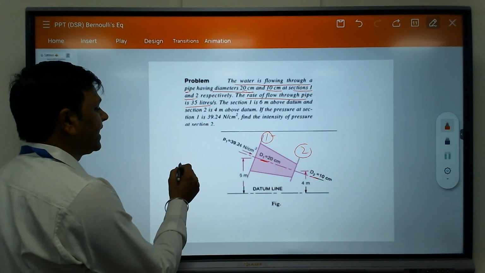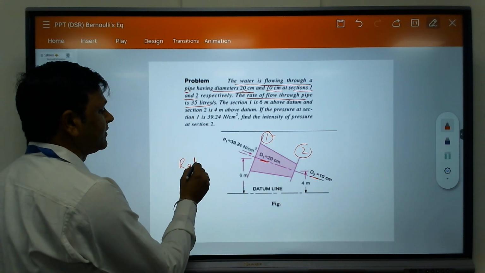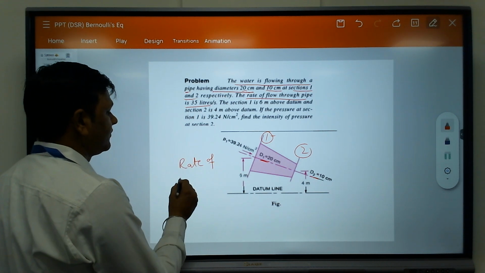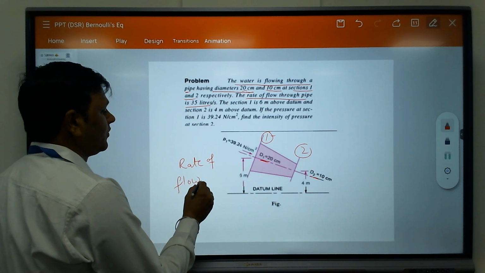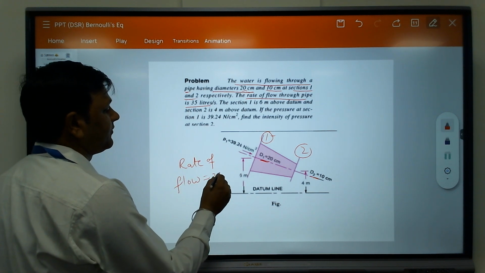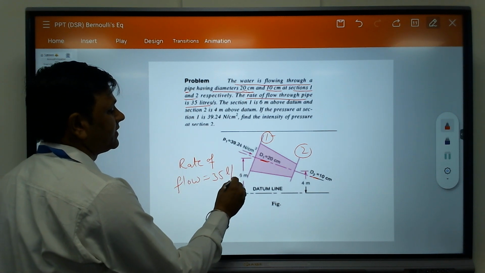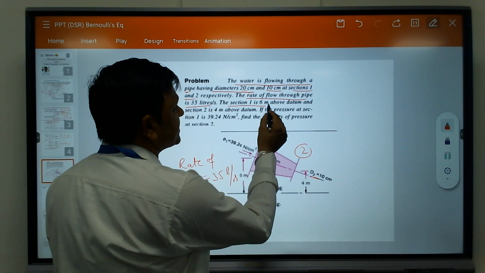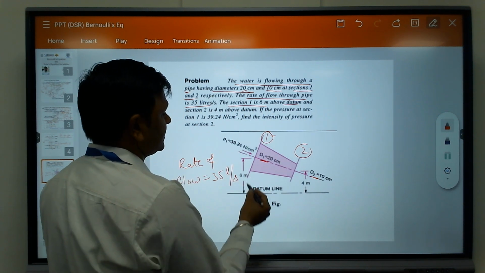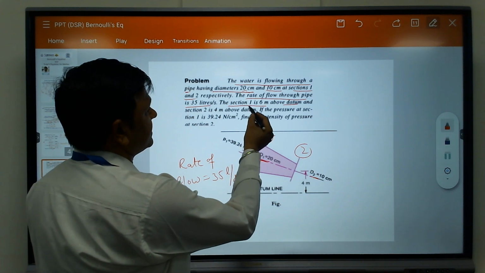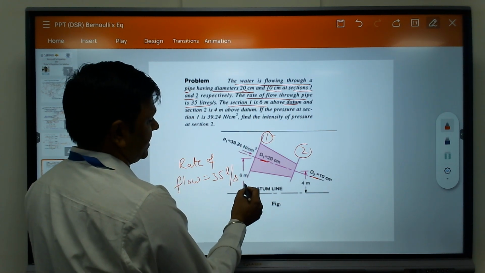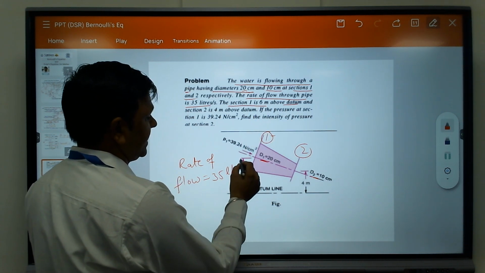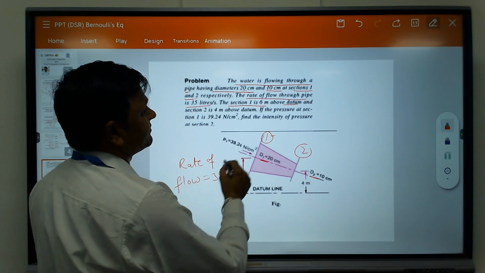The rate of flow is equal to 35 liters per second. Section 1 is 6 meter above the datum line. This is the datum line, and section 1 is 6 meter above it.